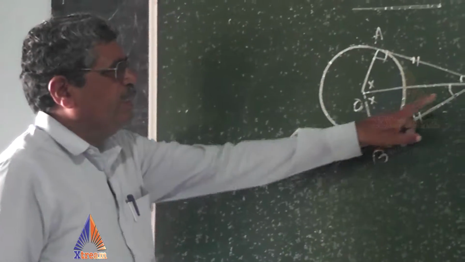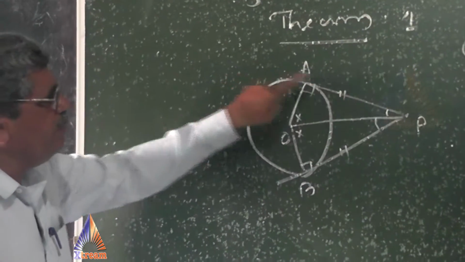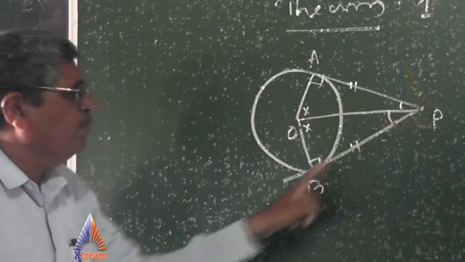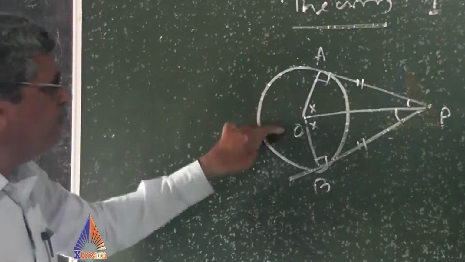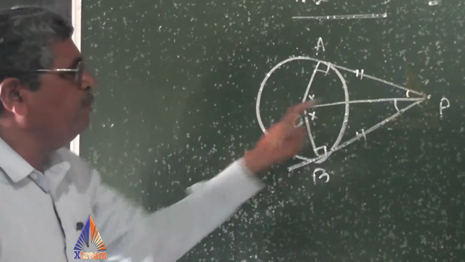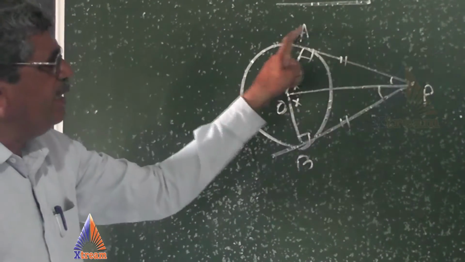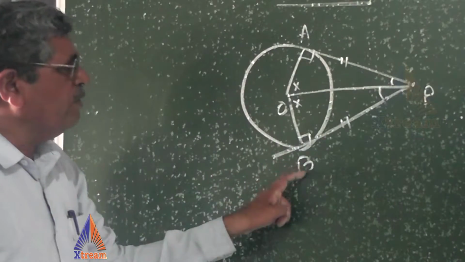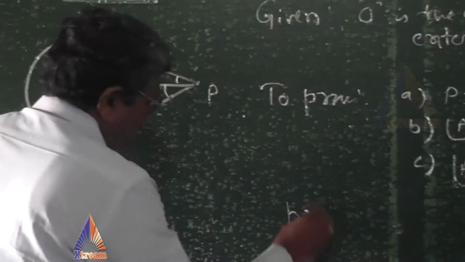First, the tangents drawn from the external point are equal, which means AP is equal to BP. Second, the angle subtended at the center, AOP, is equal to BOP. Third, the angle at the external point, APO, is equal to BPO. Now the proof of the theorem.